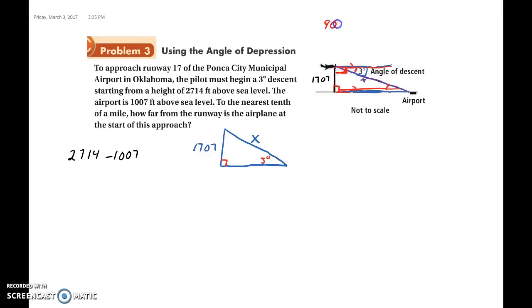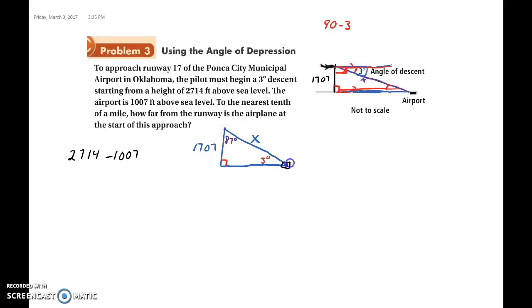So we can do 90 minus 3, and we can identify that this angle is 87 degrees. It really doesn't matter which way you do it. I'm going to use this angle just to use sine. You can highlight the other angle and use cosine. It really does not matter.